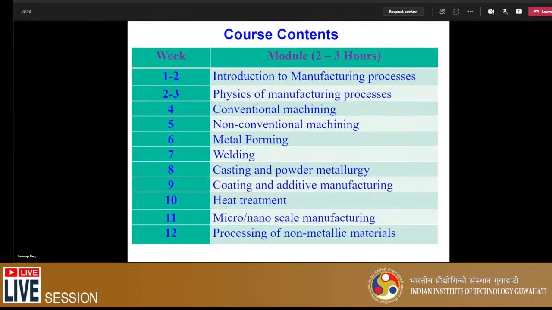In the conventional machining process, we can see how we can construct the merchant cycle diagram, because this is the basic part of conventional machining, assuming the equilibrium, the balance condition.